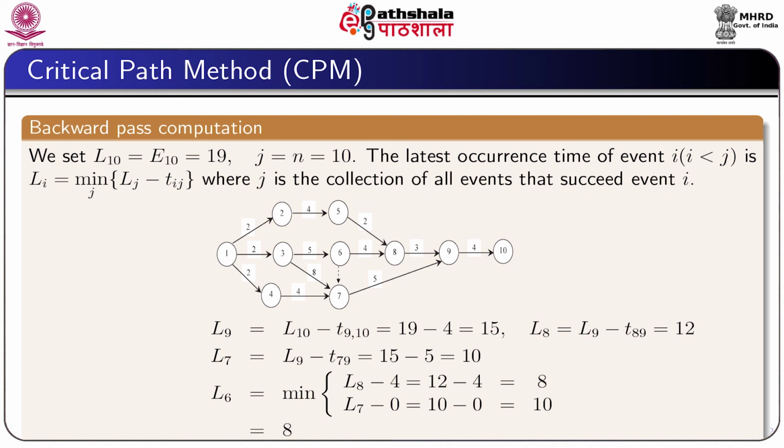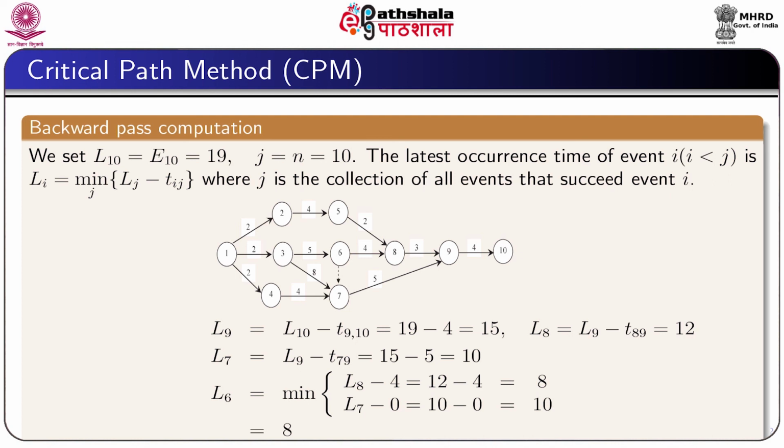Then the latest occurrence time of event i, where i is less than j, is minimum over j of Lj minus Tij. Following this rule, we can straightforwardly calculate L9 equal to L10 minus T9,10, which is equal to 15, L8 is equal to 12, L7 is equal to 10.